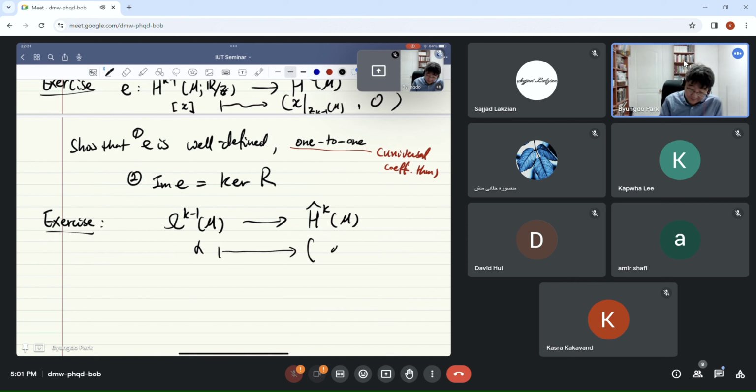You first take alpha and integrate it, and then restrict it to degree k minus 1 cycles, and then modulo Z. So then you can see this is actually a map from this to R mod Z. Then here you put d alpha.